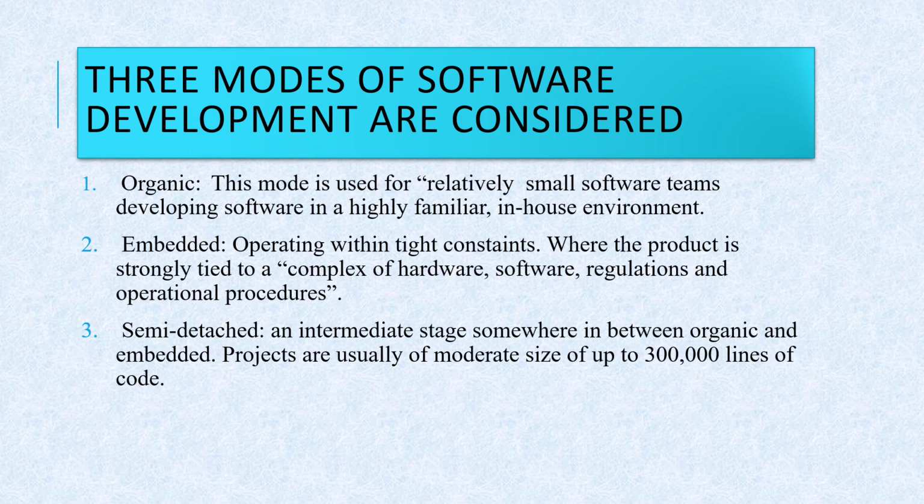Second, embedded, operating within tight constraints where the product is strongly tied to a complex of hardware, software, regulation and operational procedures. Semi-detached is an intermediate stage somewhere in between organic and embedded. Projects are usually of moderate size of up to 3 lakh lines of code.